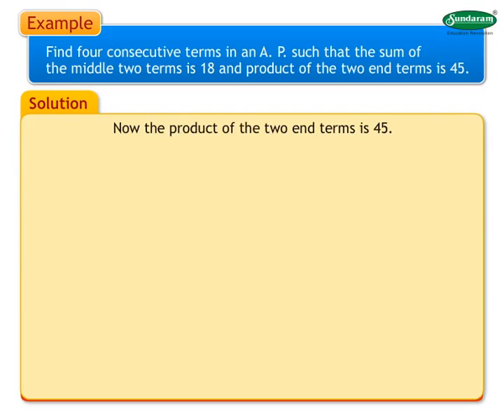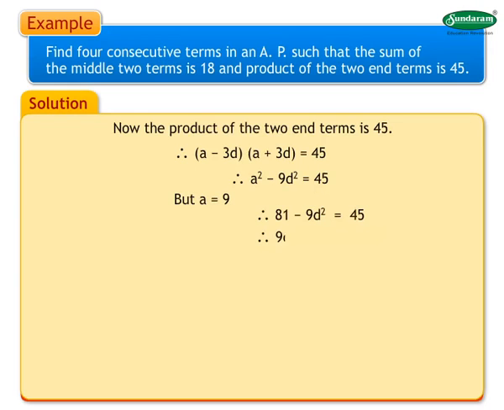Now the product of the two end terms is 45. Therefore, a minus 3d into a plus 3d is equal to 45. Therefore, a square minus 9d square is equal to 45. But a is equal to 9. Therefore, 9d square is equal to 81 minus 45. 9d square is equal to 36. d square is equal to 4.